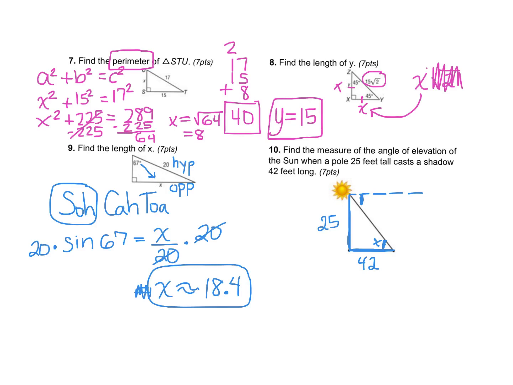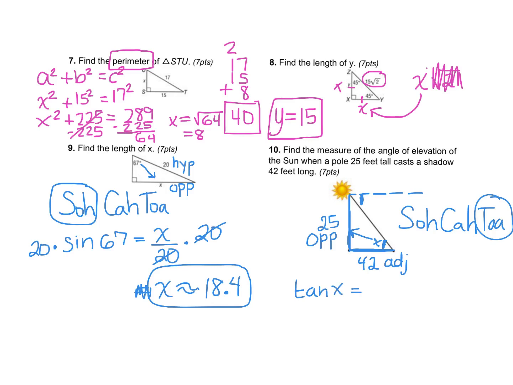So here when I want to solve for the angle, again we have Soh Cah Toa. And if I'm looking at the angle that I'm given, I have the opposite and I have the adjacent. So which trig function would it make the most sense to use? So I have tangent of x is equal to 25 over 42.